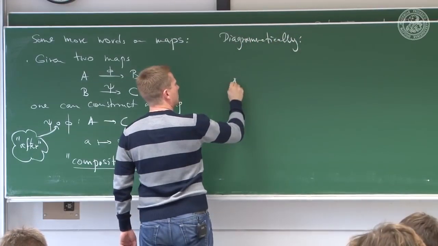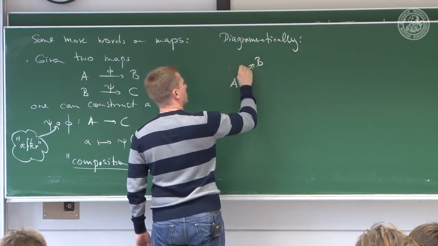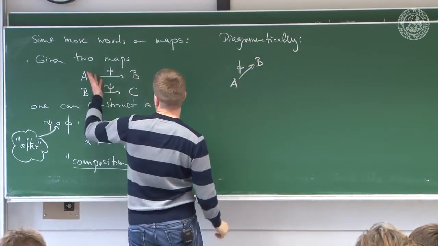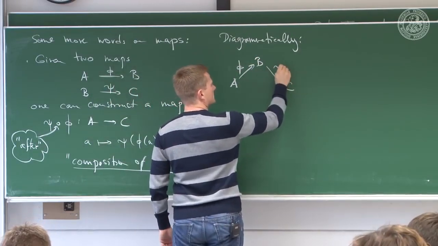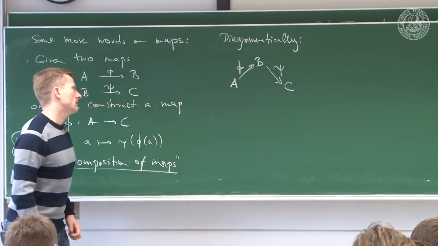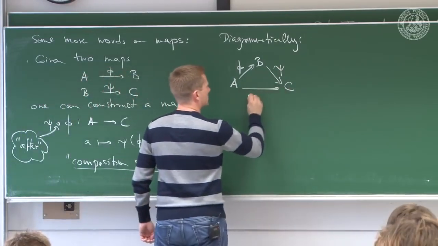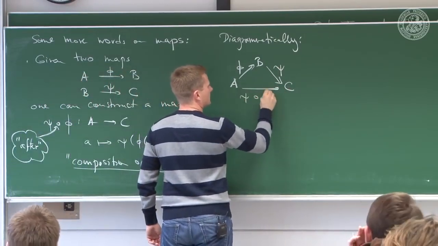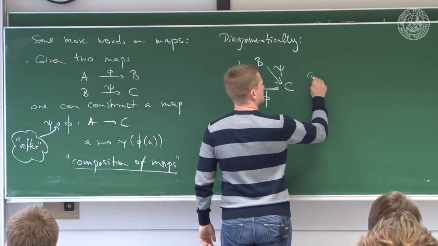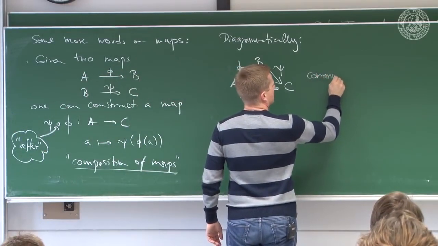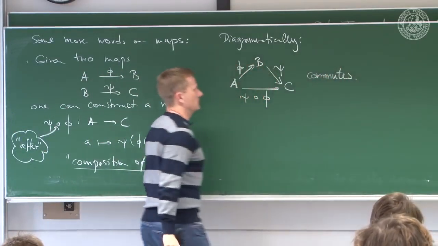And very often the situation is diagrammatically represented by writing a diagram A, B, arrow, phi on top, that's like the first piece of data. From B to C, it's the second piece of data. And then you write here psi after phi. And if you're very precise, you say that this diagram commutes.